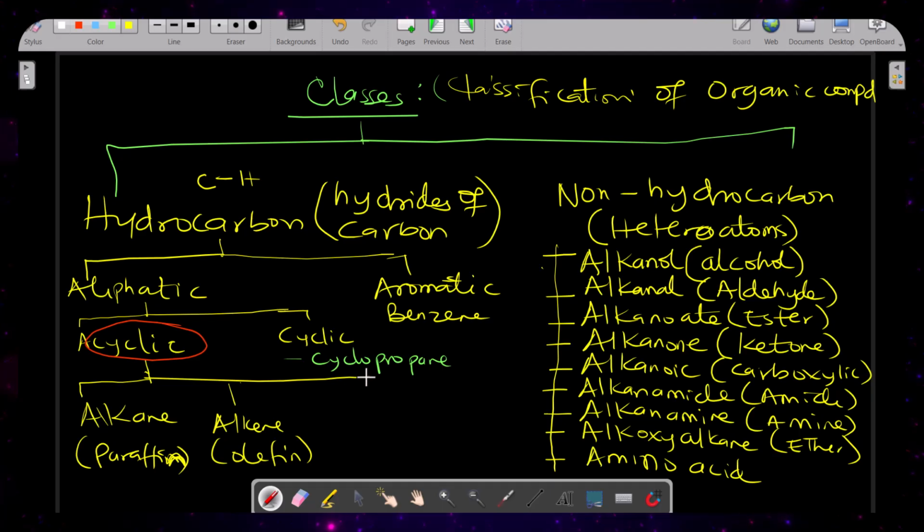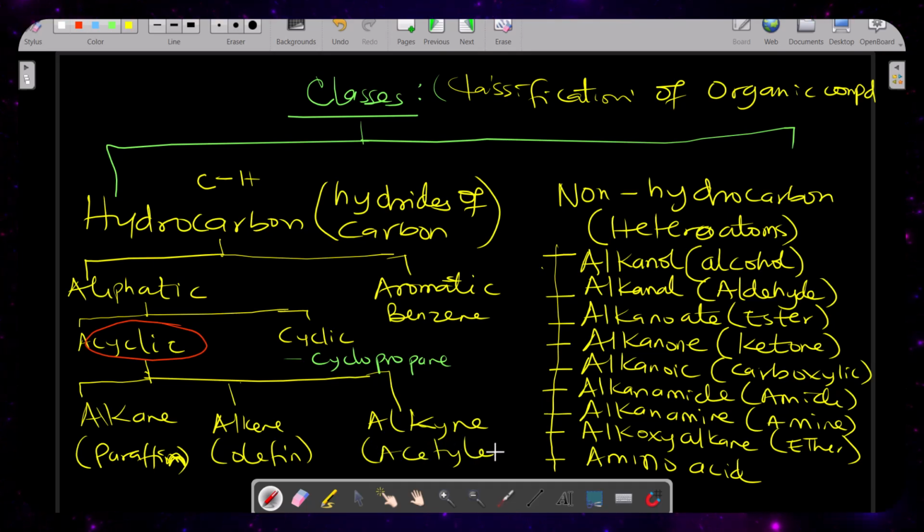Then we also have the alkyne, commonly known as the acetylene. So these are the things that we have under this section.